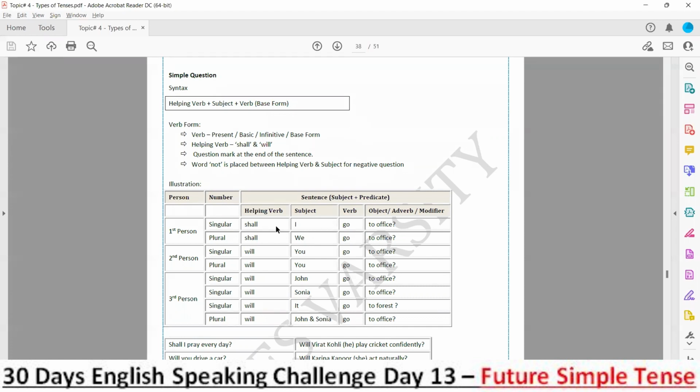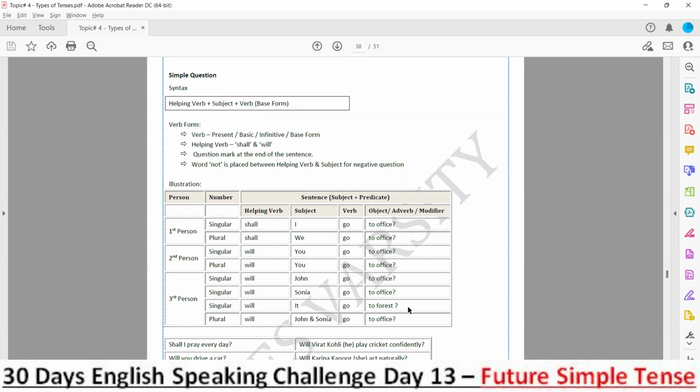Like, shall I go to office? Since it is a simple question, it must end with a question mark. Shall we go to office? Will you go to office? Will John go to office? Will Sonia go to office? Since the subject is coming in the middle of the sentence, it should be in small letters.